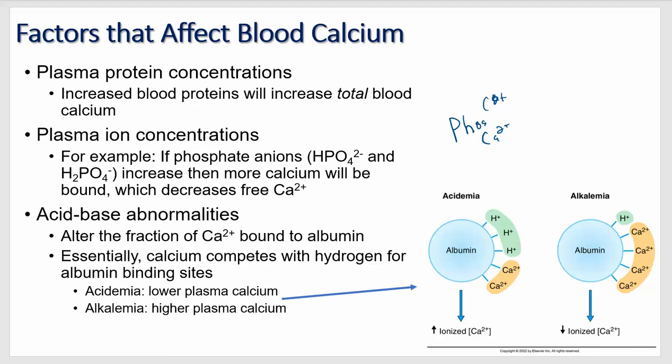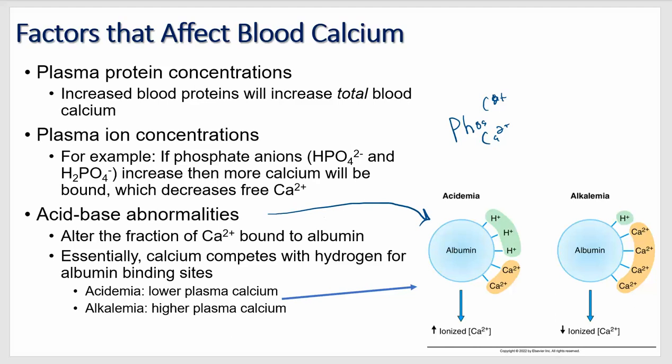And then acid-base abnormalities. There's a nice picture over here that shows that hydrogen and calcium are competing for binding sites on albumin, or on plasma proteins.